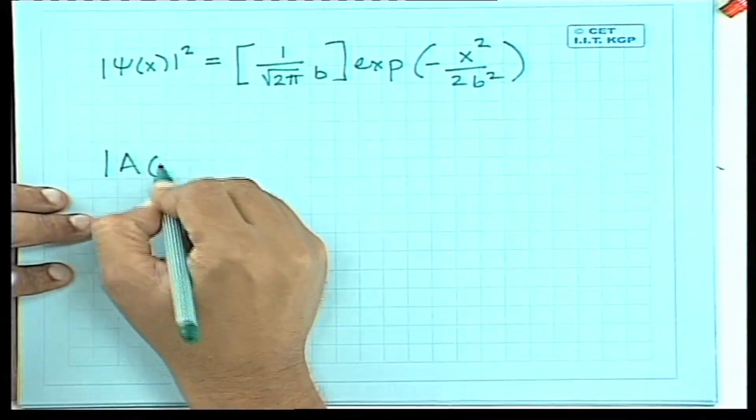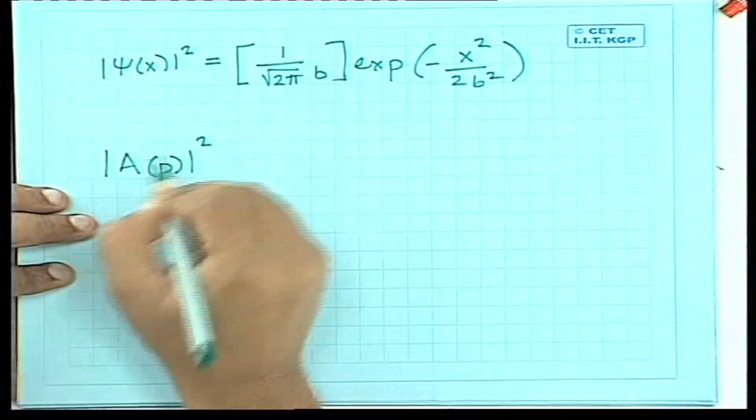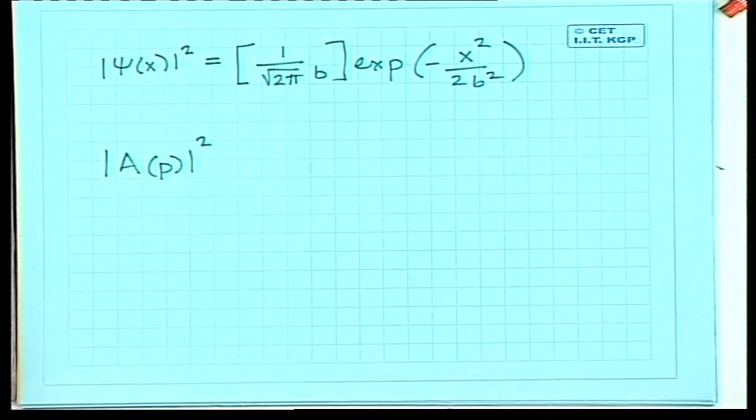Let us also calculate the mod of this, which gives us the probability, the spread in momentum, the probability of getting some value of momentum.